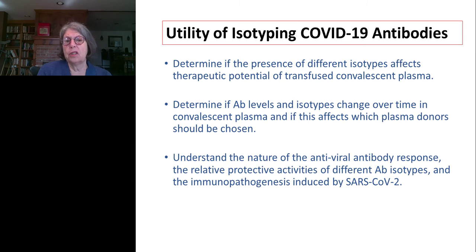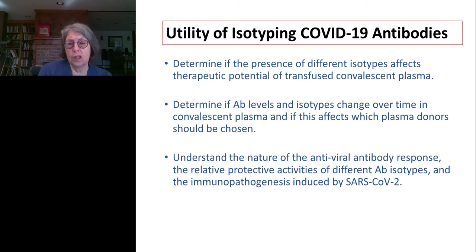The second question that may be answered by these isotyping studies is to determine if antibody levels and isotypes change over time in convalescent plasma, and if this affects which plasma donors should be chosen.